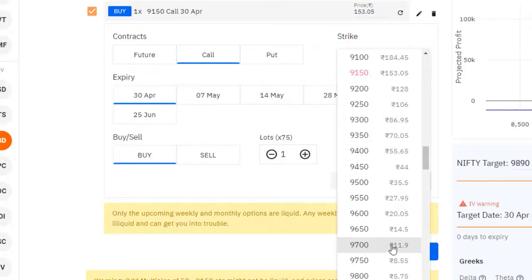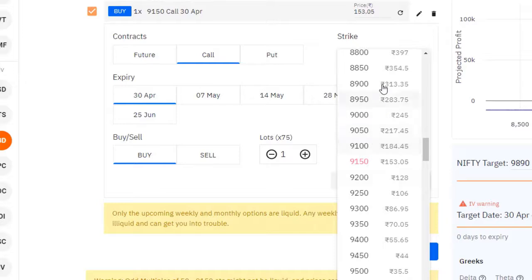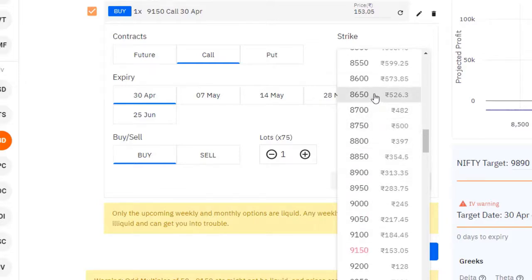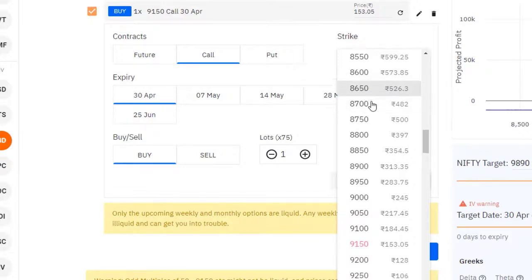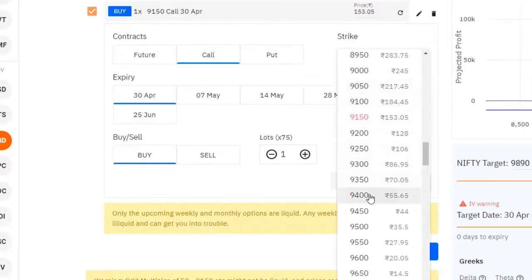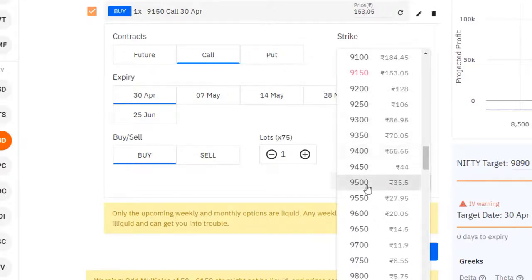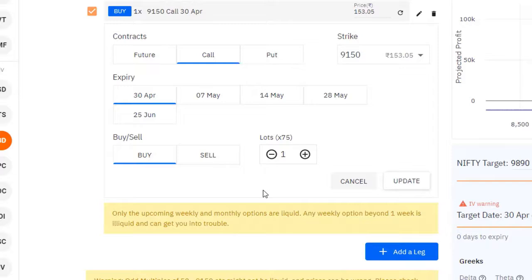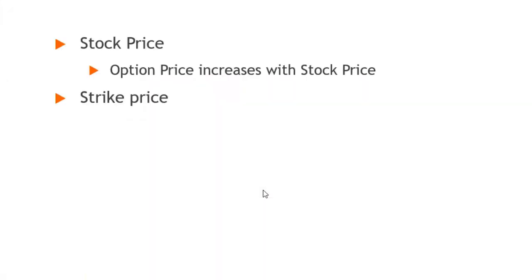So in this option, if you want to make money, you need a 550 point move, whereas in this you only need around a 150 point move. Whereas this option is already making money, 8650, because currently Nifty is at 9154, which is why this is worth something. So as you go higher and higher, the higher strike prices have lower option prices. This is also fairly simple. A higher strike call option has a lower option price.